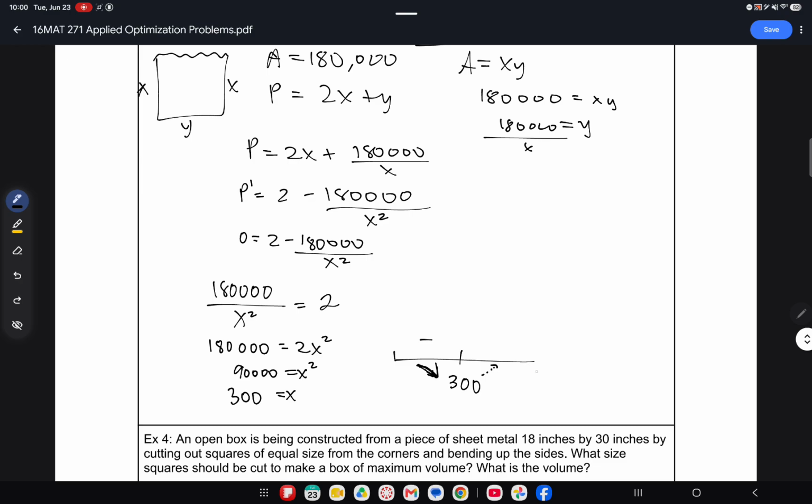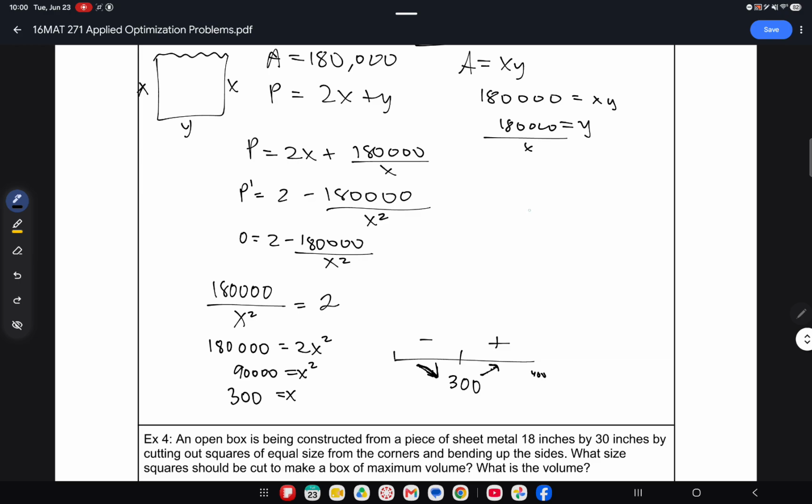And then something bigger than 300, I don't know, 400. So let's see, 180,000 divided by 400 squared is actually 1.125, and 2 minus 1.125 is positive. So we are good here. So this does create a minimum.